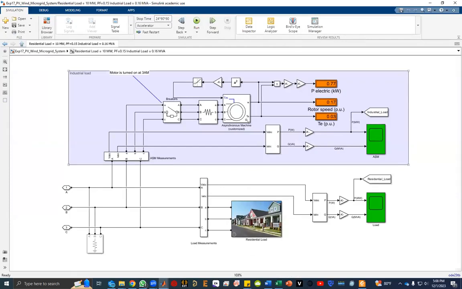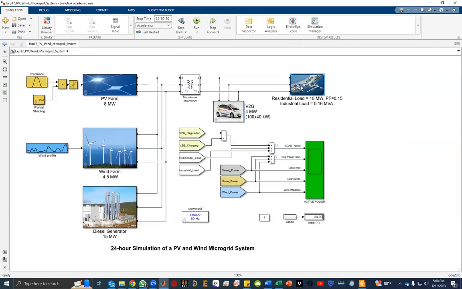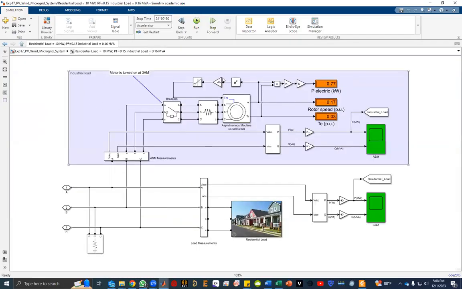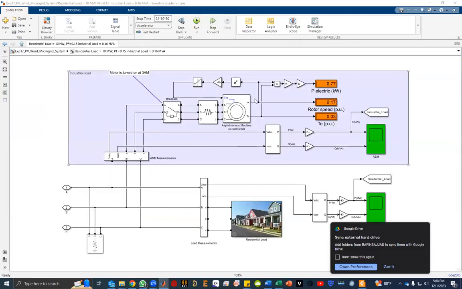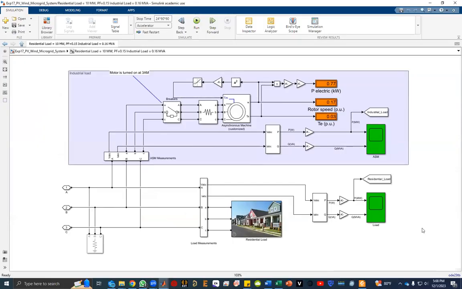Let's look into it. This part, I have double clicked it. The top section is the industrial load where different types of induction machine representation is given. This is an asynchronous machine, so you can say it is an industry having this load.